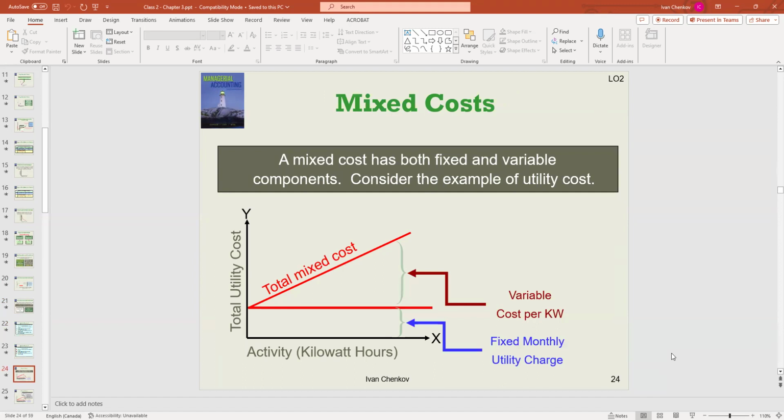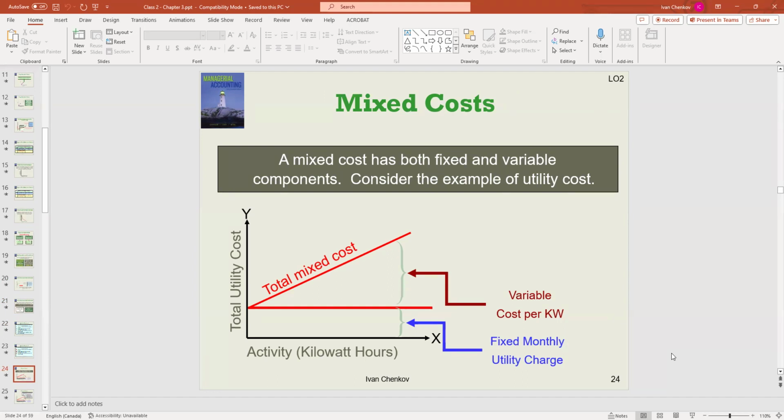So let's see one new cost, which is mixed cost. Mixed cost is a combination of both. Mixed cost has a fixed cost and a variable cost all together. A perfect example for mixed cost will be your cell phone with 1 gigabyte usage.